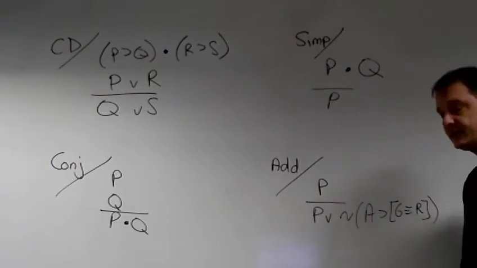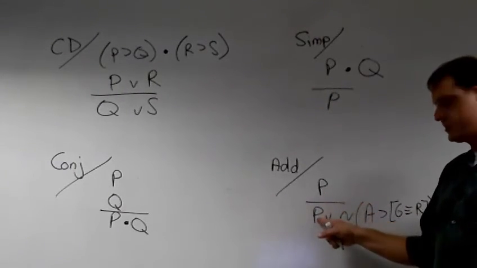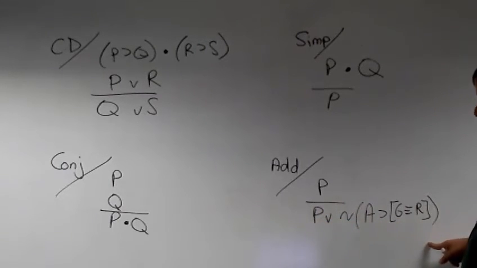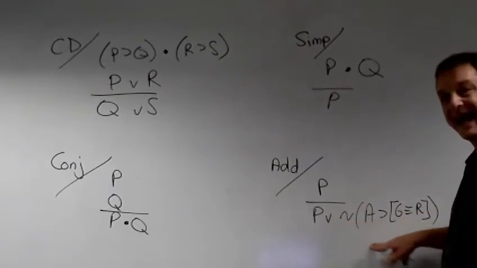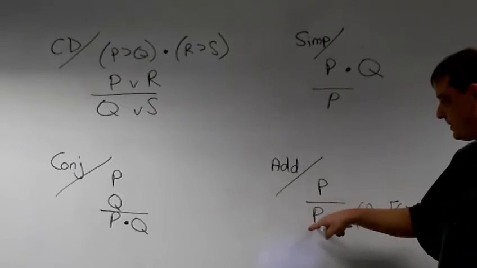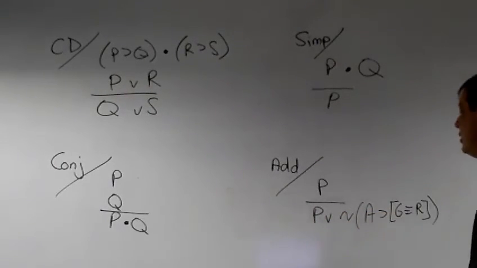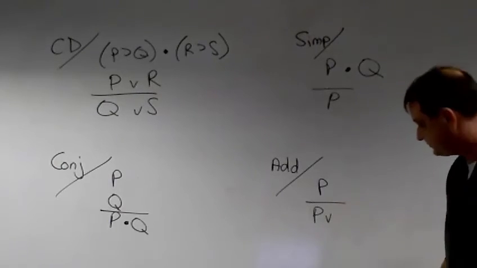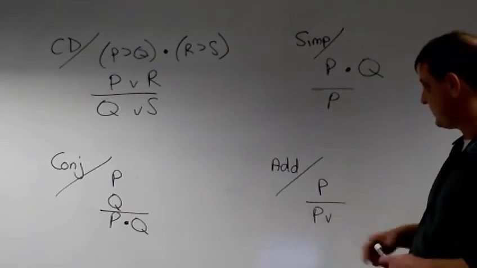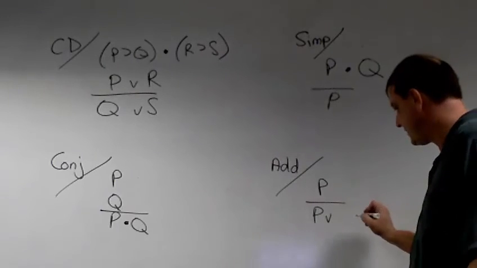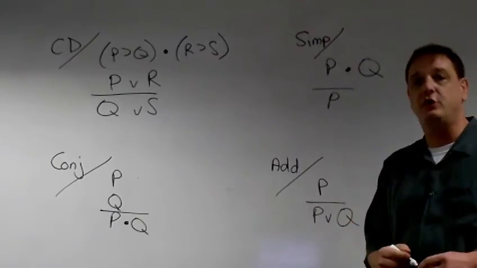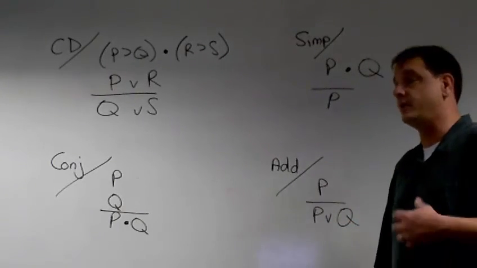That's fair. Seems a little weird. But remember, as long as P is true, then this whole statement is true. Doesn't matter what we add. As long as P is true, P or anything will be true. And so, when you are stuck with a proof where you know something is true, but you need another letter or something like that, addition is the only way you're going to get a new letter into the equation.